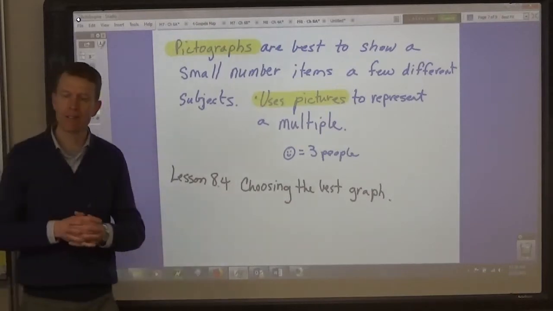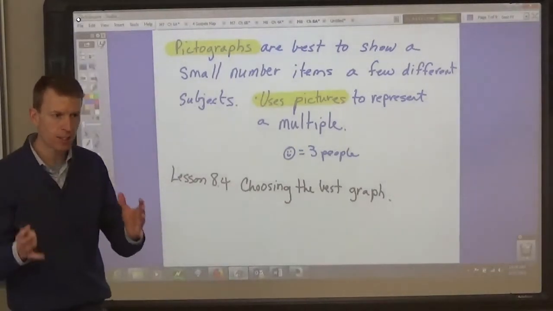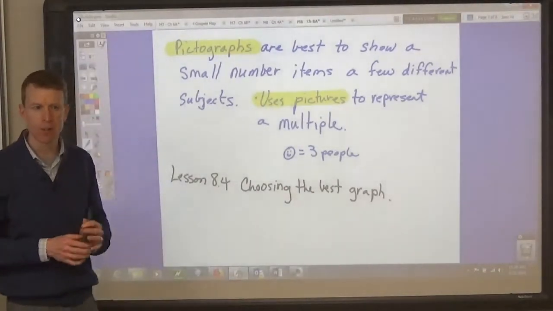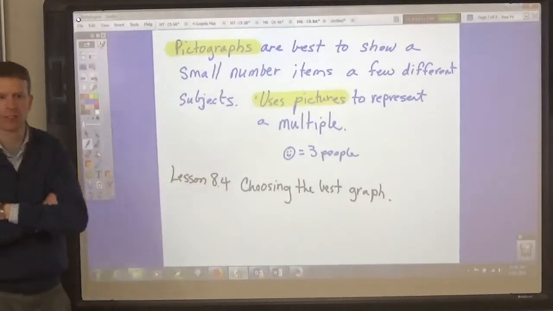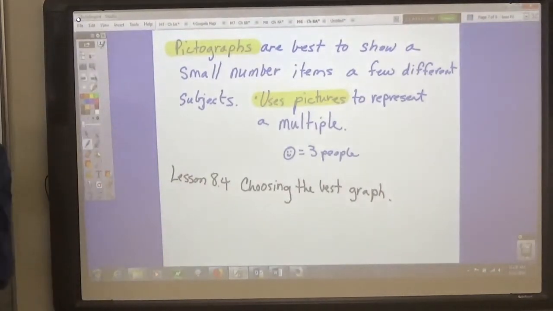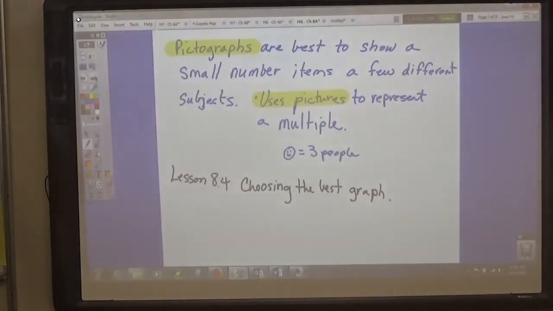If you have the same data, can you graph the same data in different ways or using different graphs? That's what lesson 8.3 is about. Taking that same data and graphing it in different ways. Why would you want to graph something in a different way?